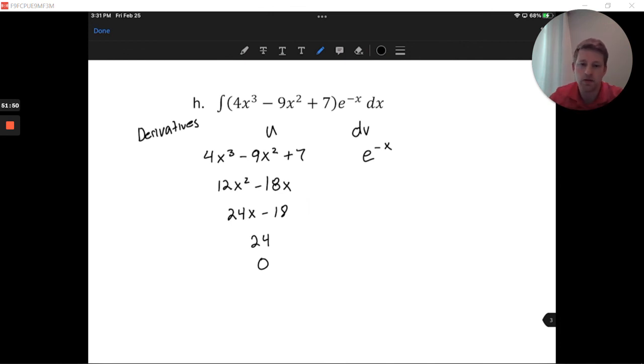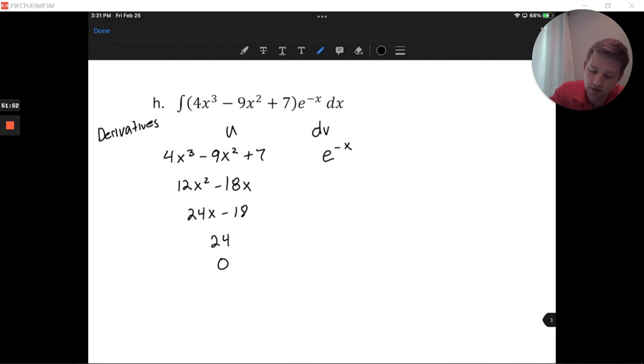I'm going to do the same idea for e raised to the negative x, but now I'm going to be taking antiderivatives. So when I consider the antiderivatives here, e raised to the negative x, well, this is an exponential term, so our antiderivative is going to be e raised to the negative x, and then we want to consider dividing by the derivative of the exponent.